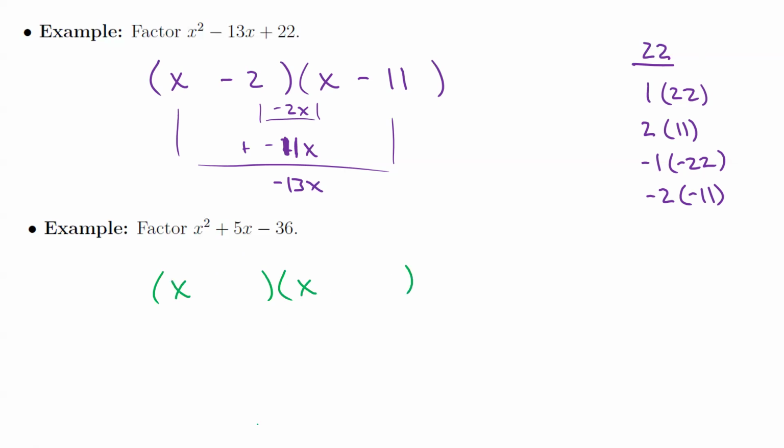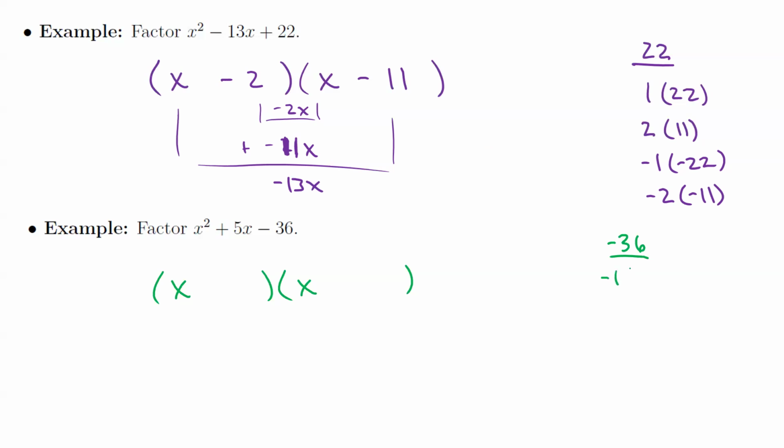So we're still breaking that down as x times x. So here I'm making -36. In this case, what I would suggest is that you go ahead and list out all the possibilities, but this gets a little tricky because here's the thing. If you're going to make a -36, one of the numbers has to be negative and one has to be positive.